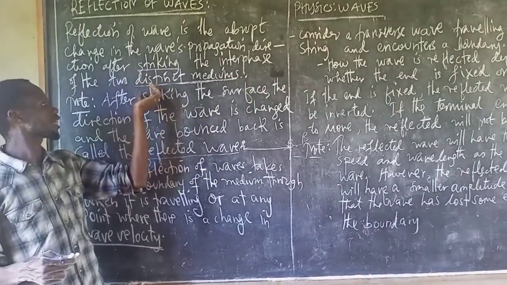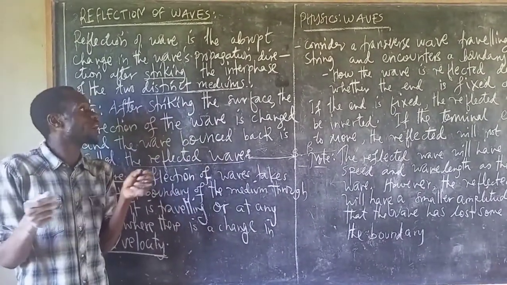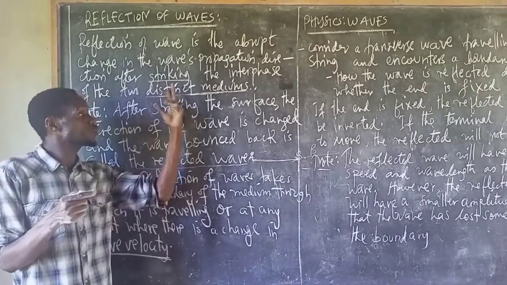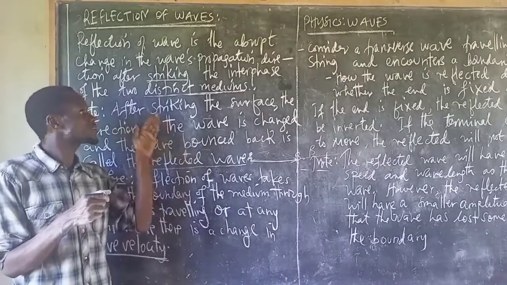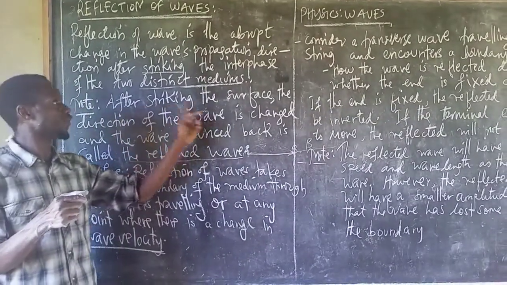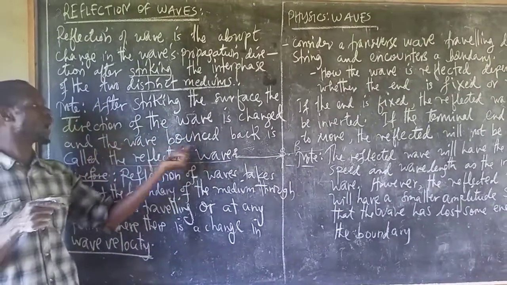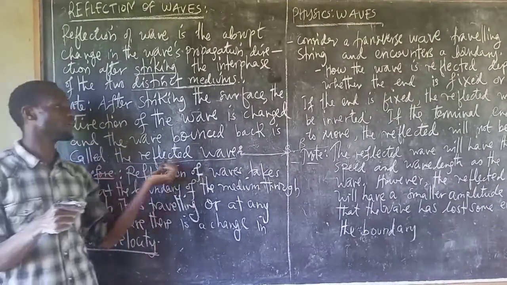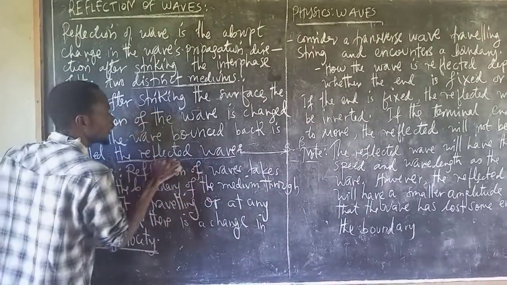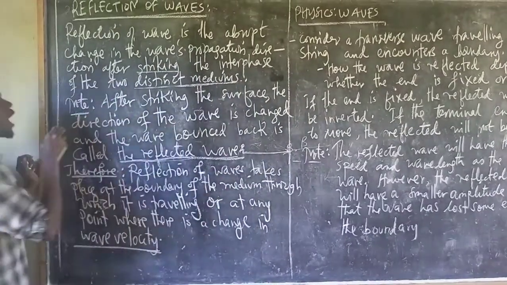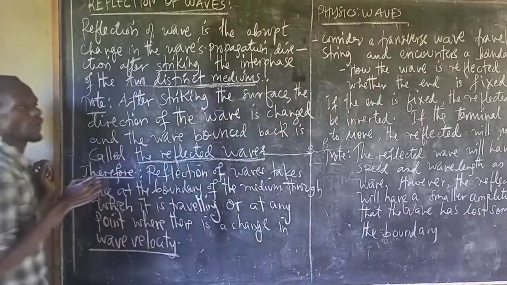Means the two different mediums have got different properties and different conditions. It is there that after striking the surface, the direction of the wave is changed and the wave that bounces back is called the reflected wave. We have the reflected wave because the wave is traveling through two different mediums with different velocities.